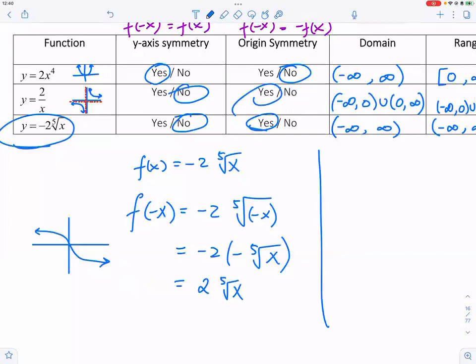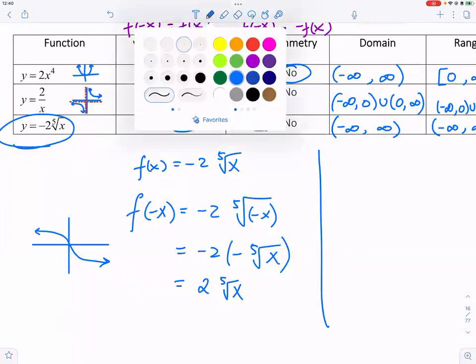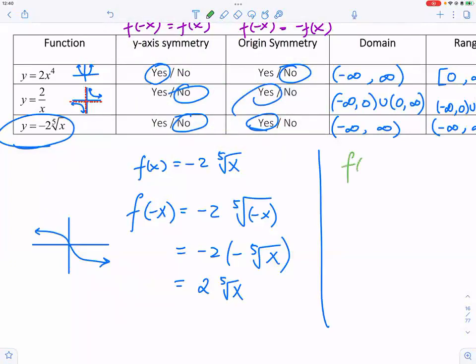Now, if you find this a little bit too complicated, I have another option for you. Let's find out what f of 1 is. f of 1 is just negative 2. And then you ask, what is f of negative 1? In this case, I hope you know how to handle the fifth root of negative 1.